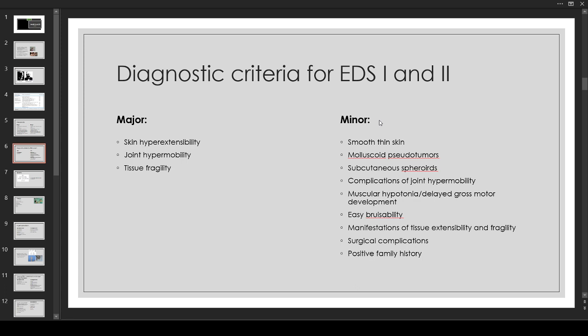In surgical complications, it's not so rare and it's not so uncommon in this kind of disease because there are two types of scenarios that you're going to see in going through the treatment in the surgery later on. And positive family history is not a major diagnostic criterion because you can acquire it during your lifetime, but still it is a minor one because it's always going to give you a head start if you know what you're looking for.